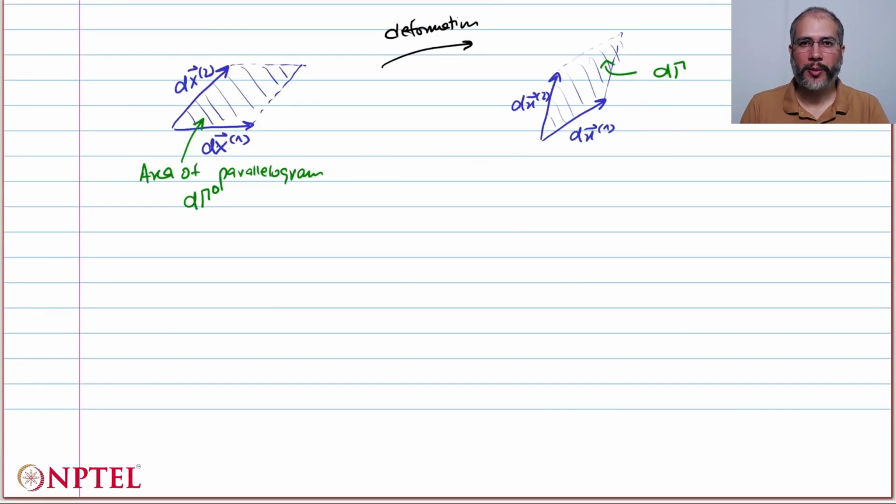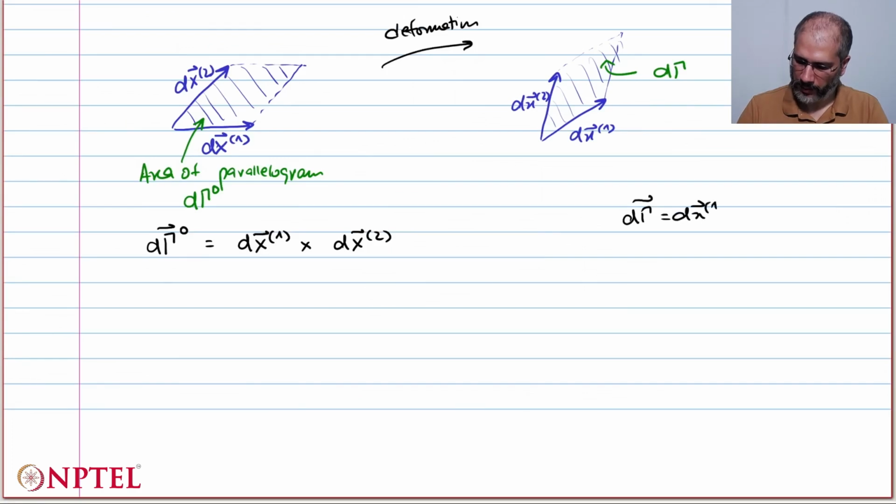It is actually a pseudo vector, that is, under proper orthogonal transformations, it behaves mathematically like a vector. So d gamma naught is basically the cross product of dX1 vector and dX2 vector. And similarly, d gamma is a cross product of small dx1 and small dx2.